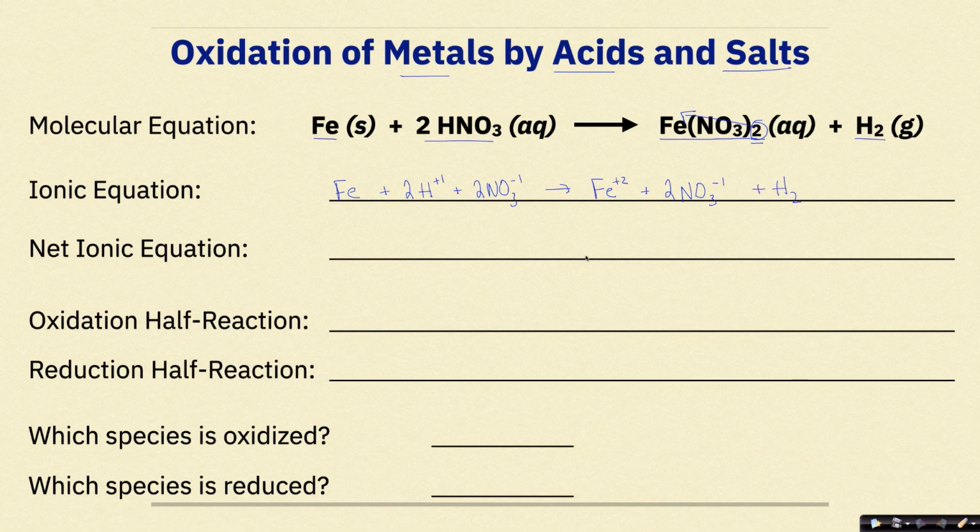Now that we've done that, let's go and cross out any spectator ions that we see. So 2NO3 minus 1, 2NO3 minus 1, we've crossed out our spectator ions.